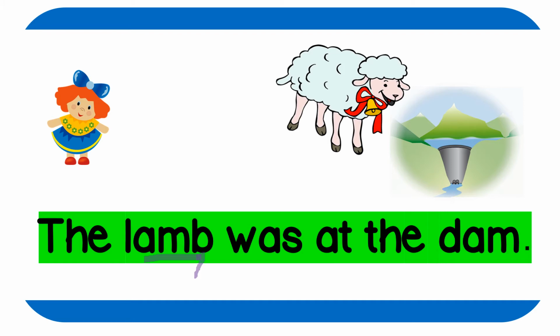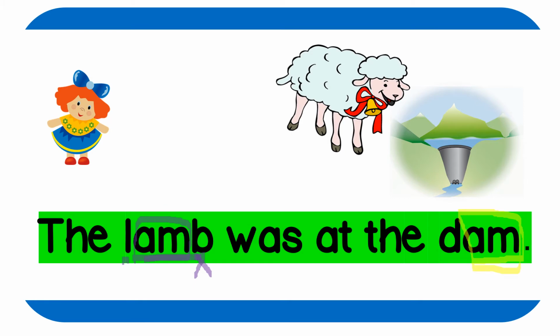The B is silent. L, am, lamb. Very good. Let's see which other word has am. A, am.